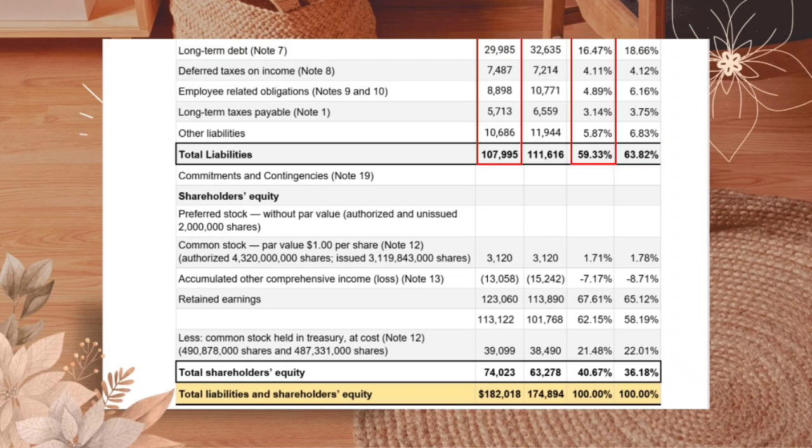For other liabilities, we have here 10,686 divided by 182,018 multiplied by 100. Then the result will be 5.87%.